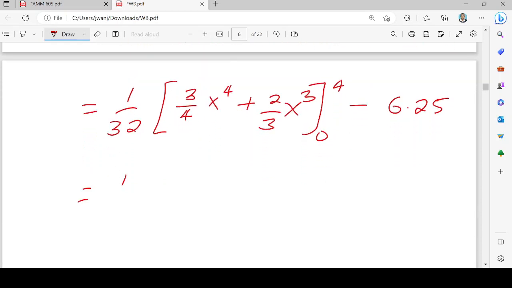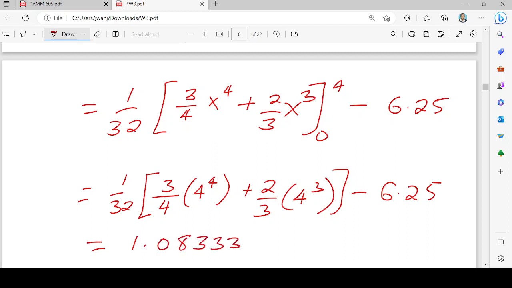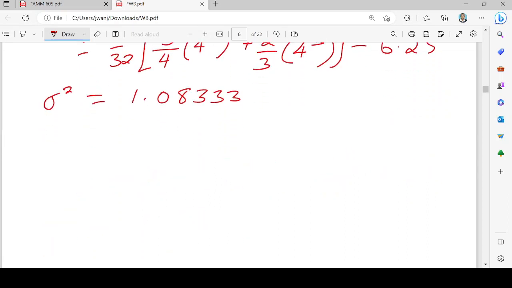So we get 1 over 32, 3 over 4 times 4 raised to power 4 plus 2 over 3 times 4 cubed minus 6.25. So if you work out this, the value is 1.08333. This is the variance of the distribution sigma squared.